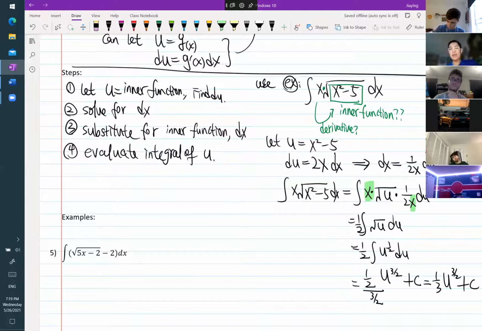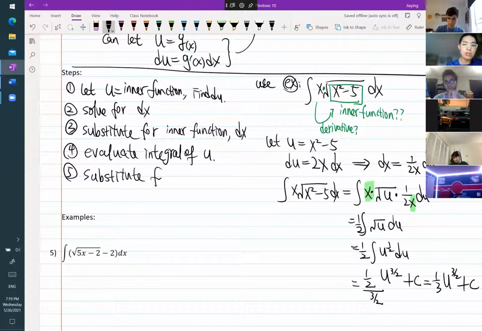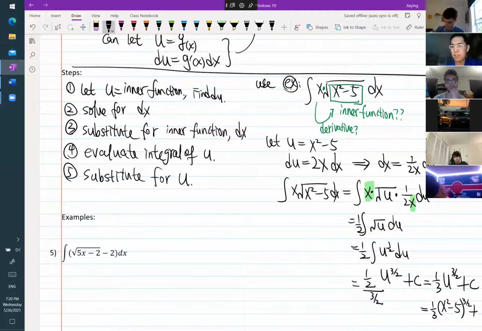Now, the last step is just substitution again. Because we began with a function of x, we want to end up with a function of x, not a u. So the very last step, just go back and replace u with whatever we set u to be. So that's 1/3 (x squared minus 5) to the 3/2 plus a c. That's the very last step.